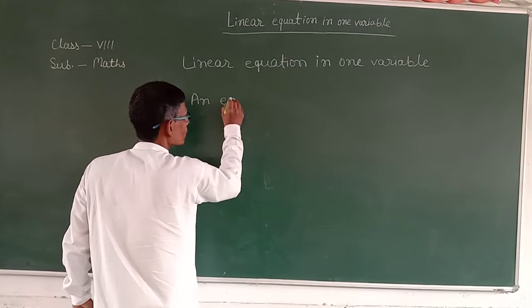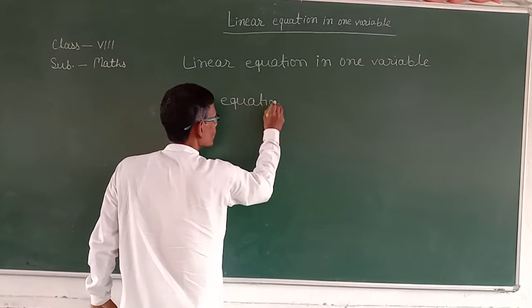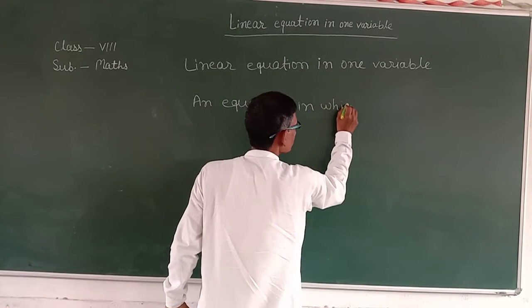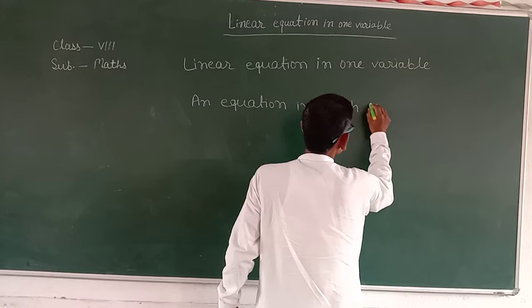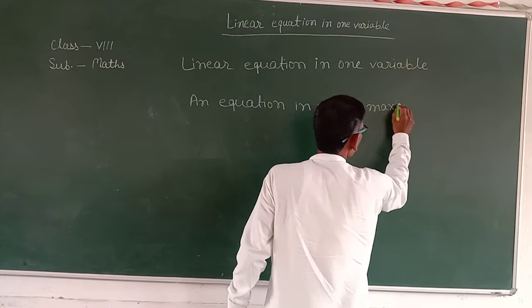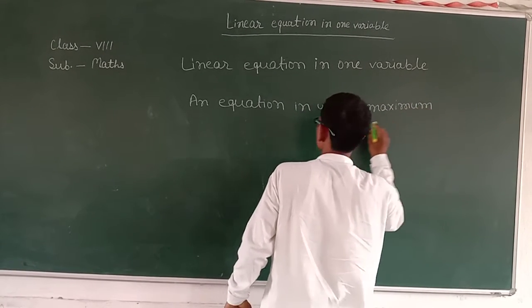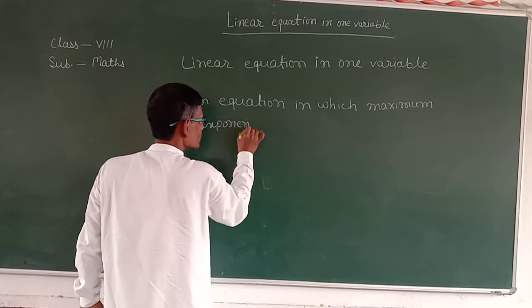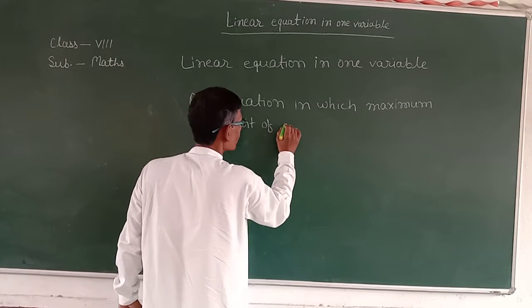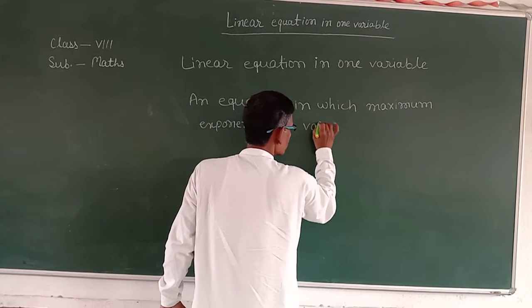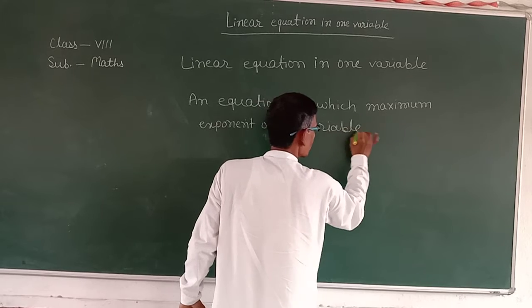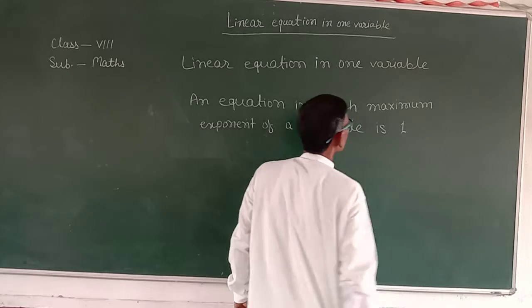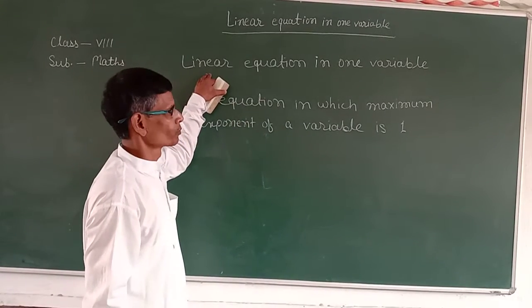an equation in which maximum exponent of a variable is 1 is called linear equation.